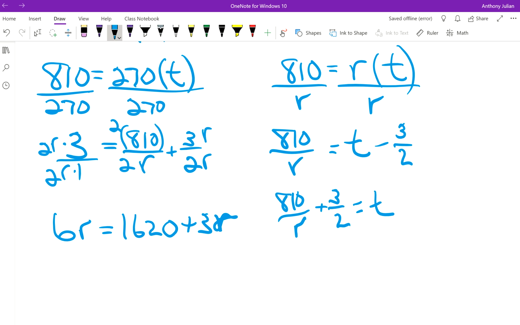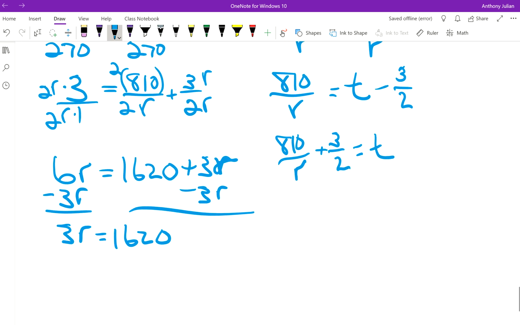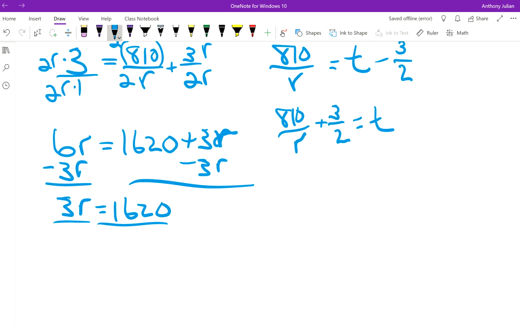All right. How about we subtract 3r both sides. And I'm going to have 3r equals 1620. Divide both sides by 3. And r is going to equal, well, what does that come to? 3 into 1620.